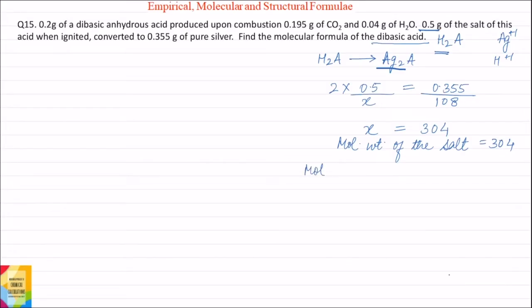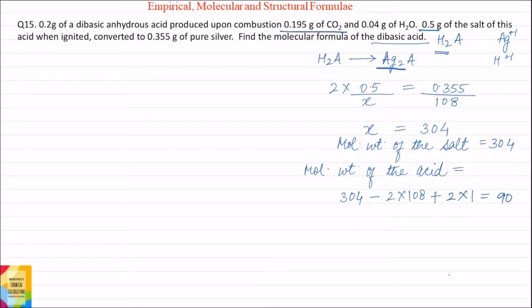So molecular weight of the acid will be equal to molecular weight of the salt, that is 304, minus 2 into atomic weight of silver, that is 2 into 108, plus weight of 2 atoms of hydrogen, that is 2 into 1, and this is equal to 90. So molecular weight of the acid is equal to 90.